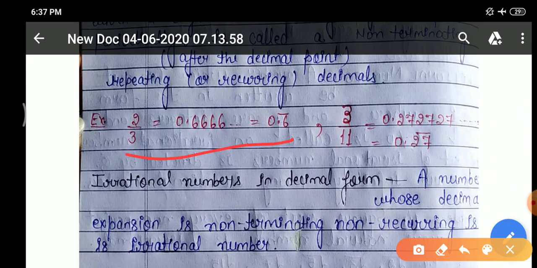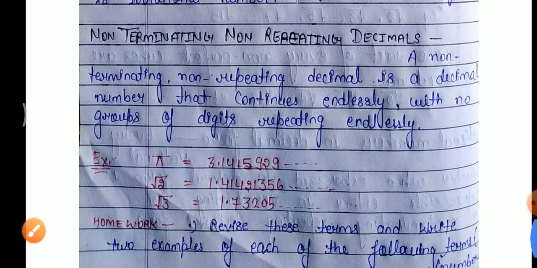Okay students, now the next is irrational numbers in decimal form. A number whose decimal expansion is non-terminating and non-recurring, listen carefully, is called an irrational number. See the example.